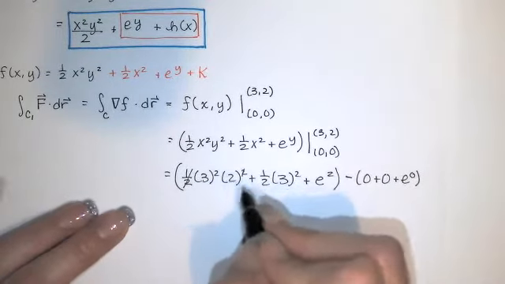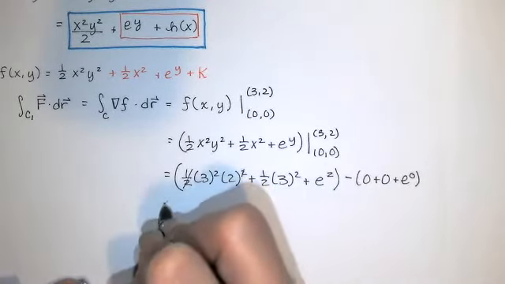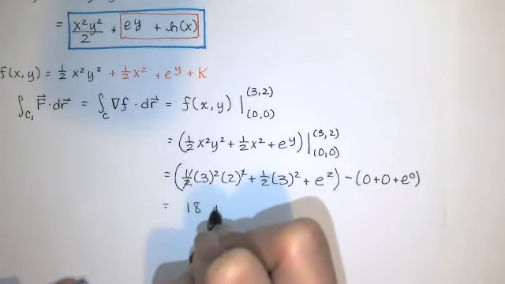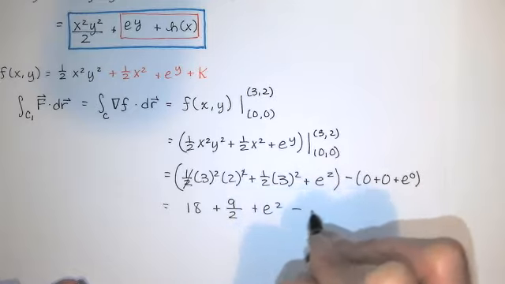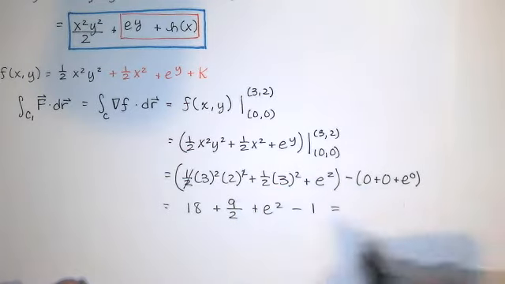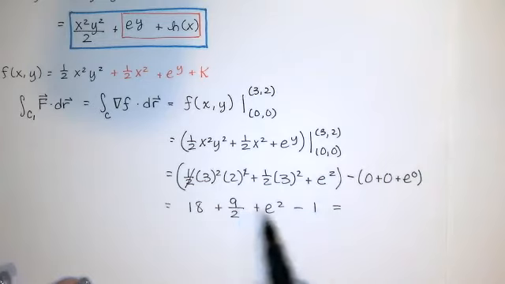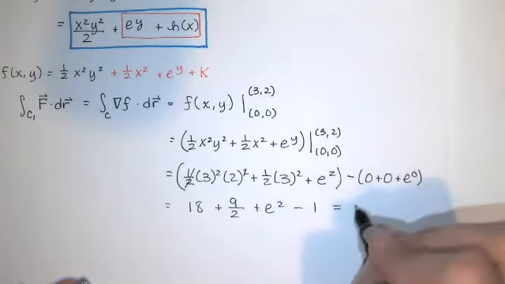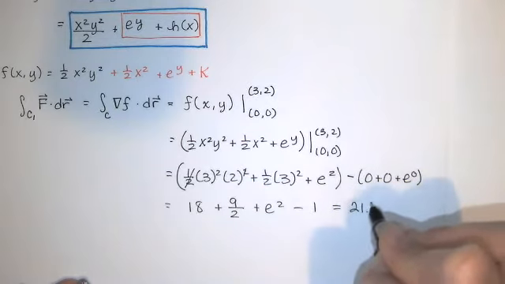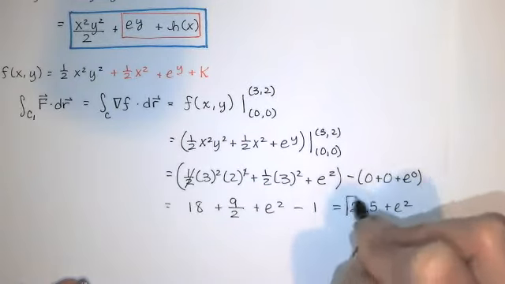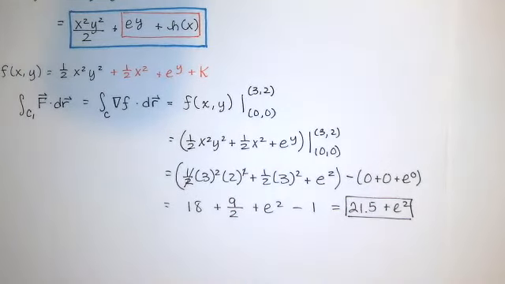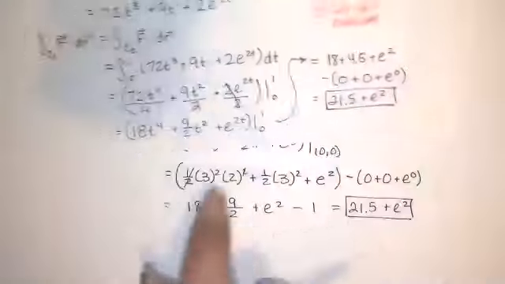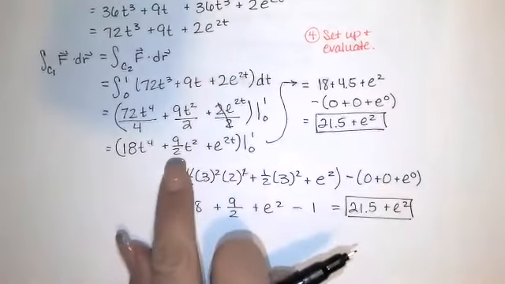So we have a 9 times 2 is 18, plus 9 over 2, plus e squared minus 1. You recognize this? I'll flip over the page or show you in just a second. We get the same thing as before. That's 21.5 plus e squared. When we evaluated the line integral over C2, look what we got. We got this.